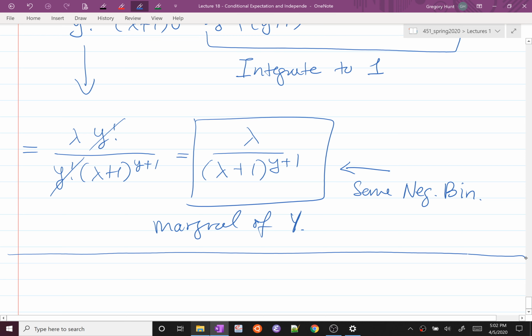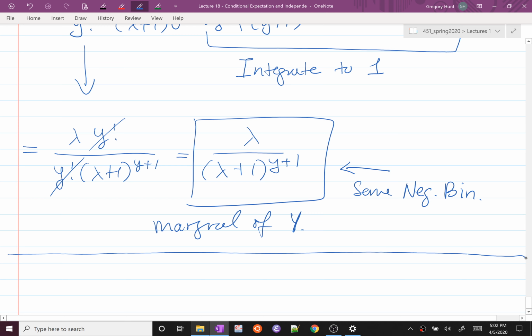Okay, let's look at another example along the same lines. That was a nice little example because it was actually mixing two different types of distribution. It was mixing a continuous x and a discrete y.